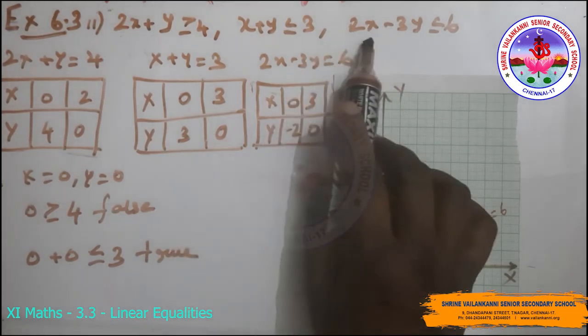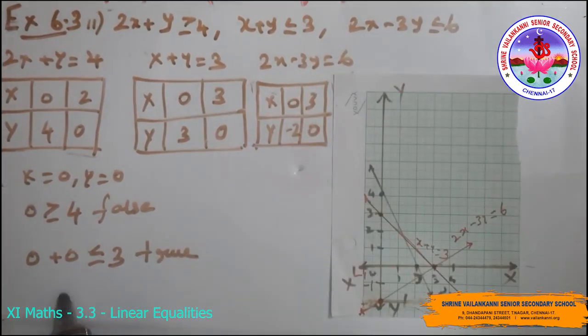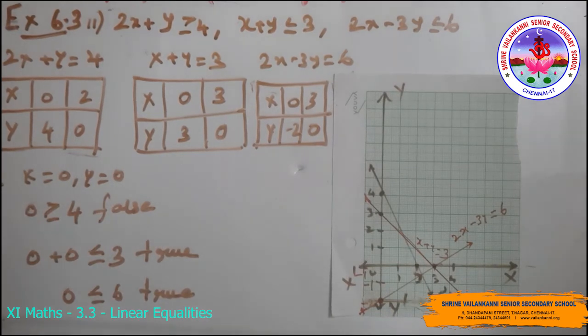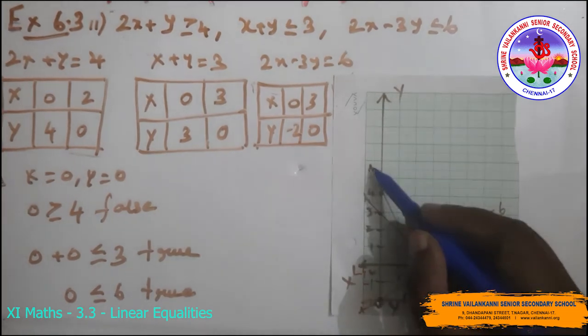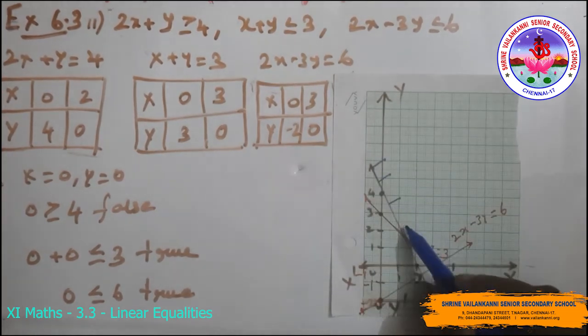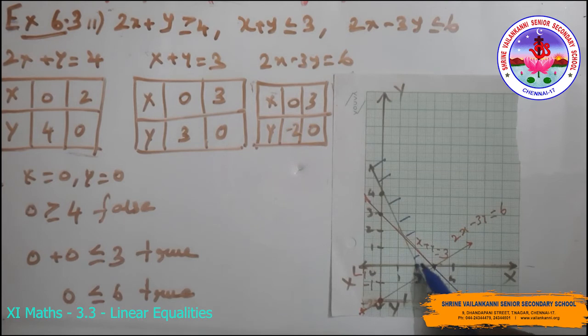And the third inequality, 2x minus 3y is less than or equal to 6. So 0 is less than or equal to 6, which is also true. So the first inequality is false. So inequality 1 represents the region above the line 2x plus y equal to 4. So it lies outwards the origin.